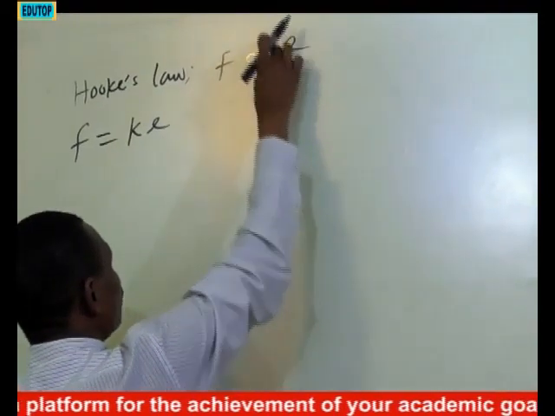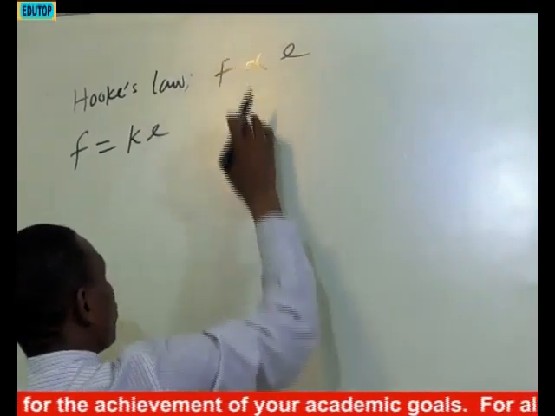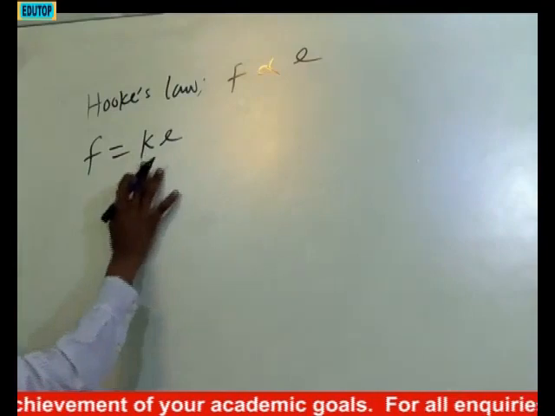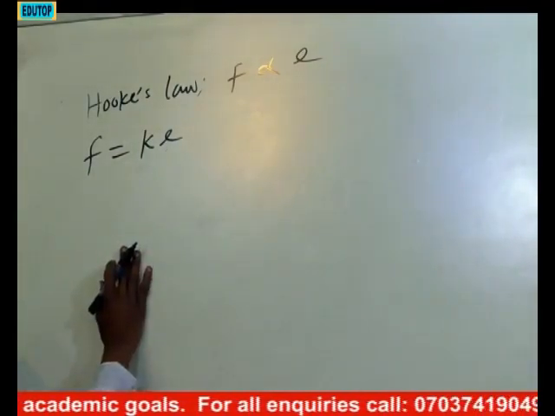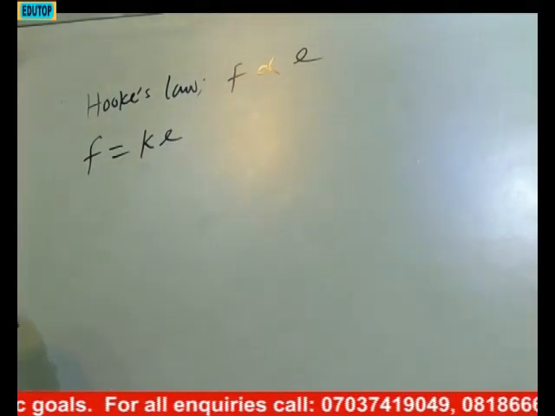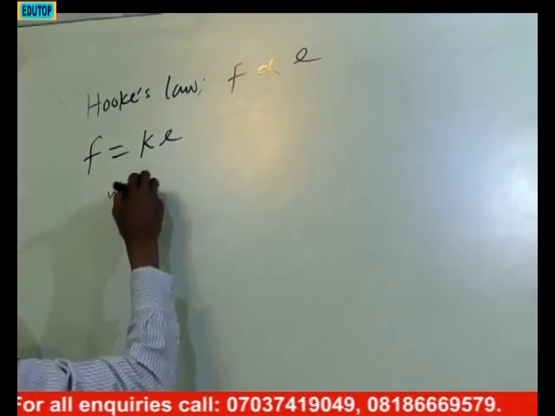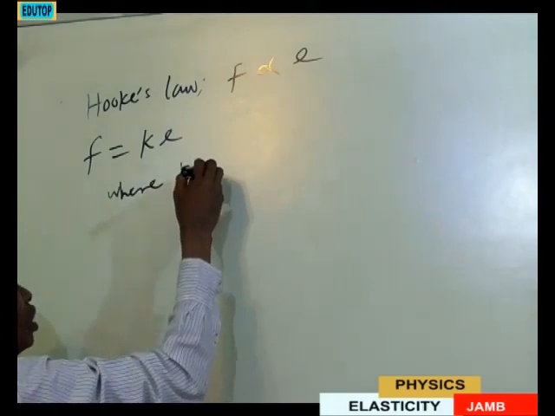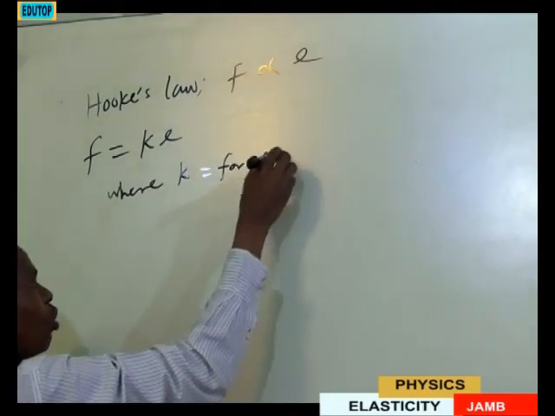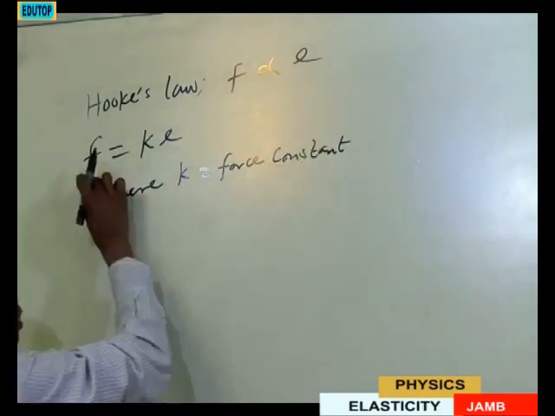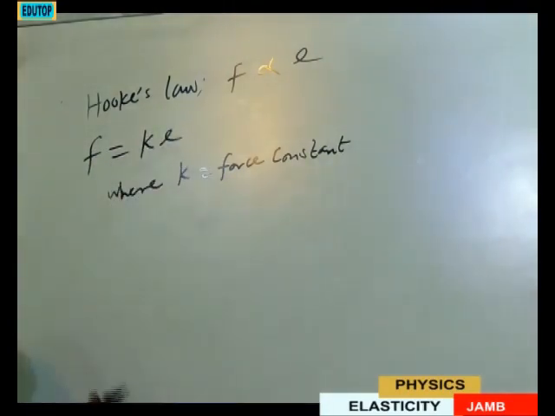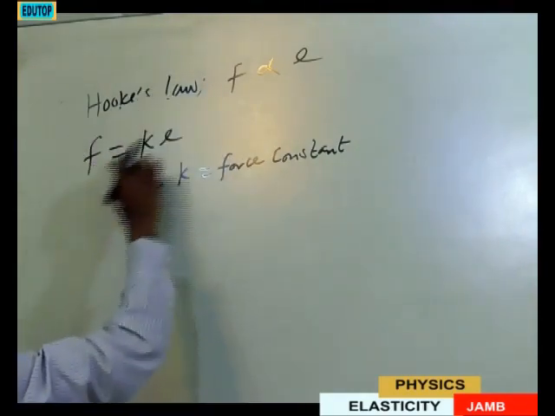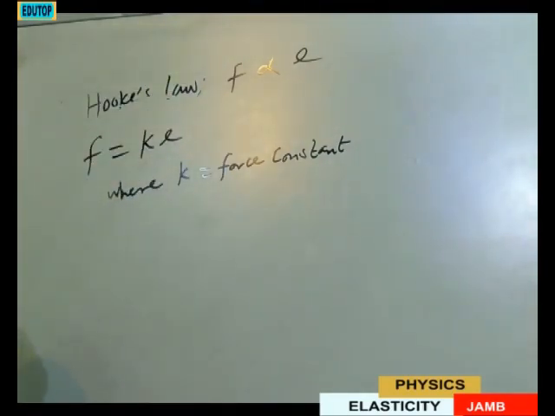When you want to remove this sign of proportionality, you introduce a constant K, which we call the force constant. This is a mathematical representation of Hooke's law. We are going to use this formula to solve some questions.